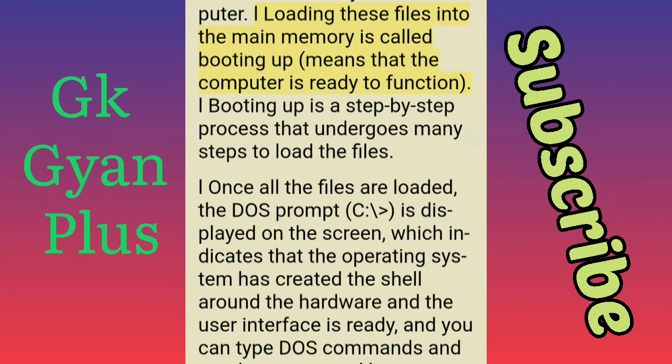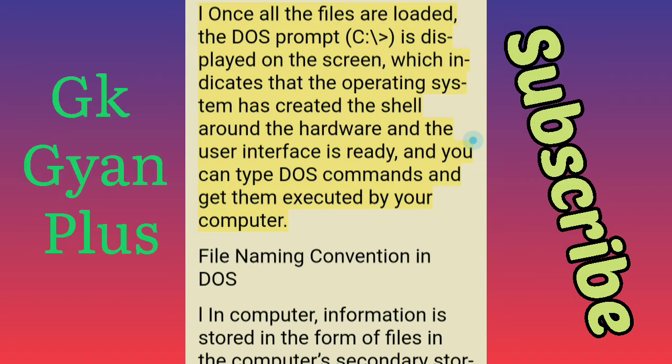Loading these files into the main memory is called booting up, which means that the computer is ready to function. Booting up is a step-by-step process that undergoes many steps to load the files. Once all the files are loaded, the DOS prompt C:\> is displayed on the screen, which indicates that the operating system has created the shell around the hardware and the user interface is ready, and you can type DOS commands and get them executed by your computer.